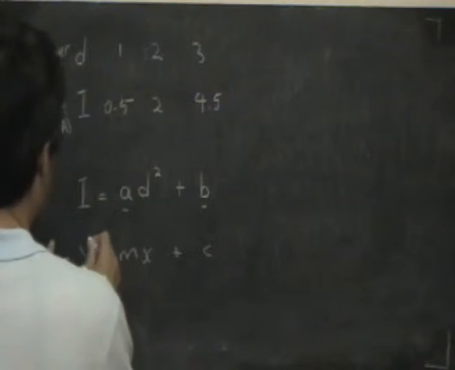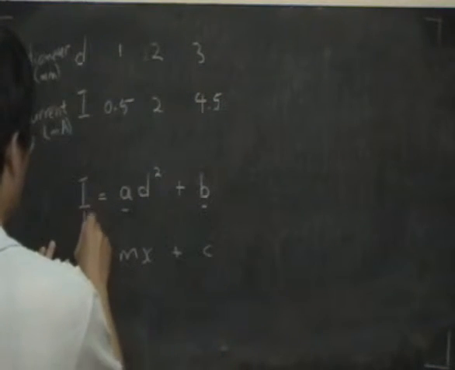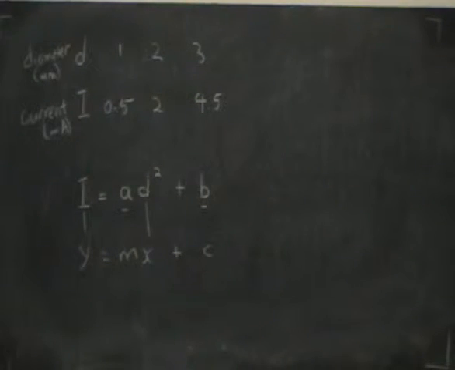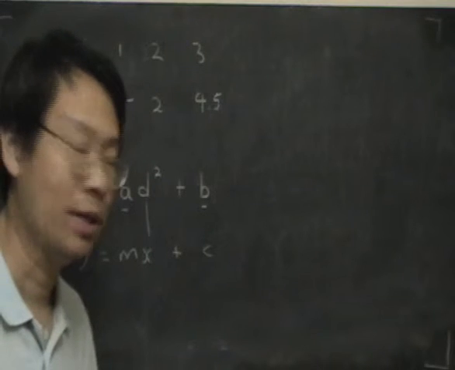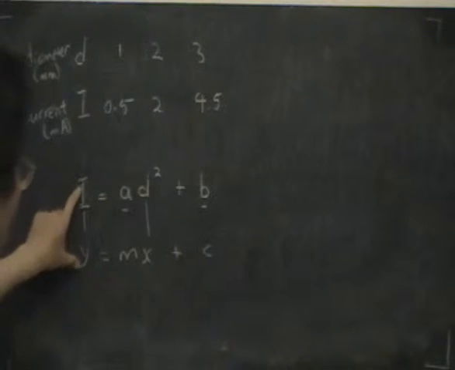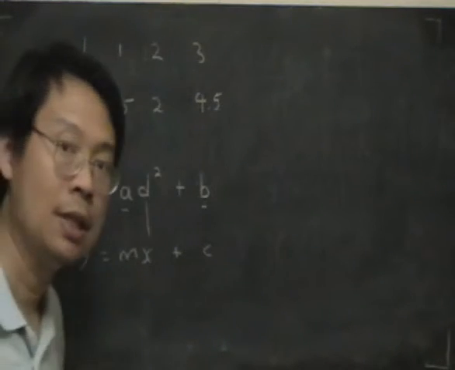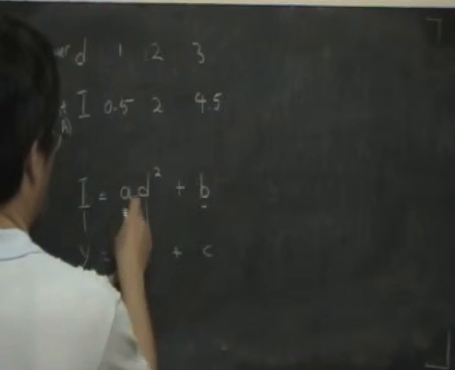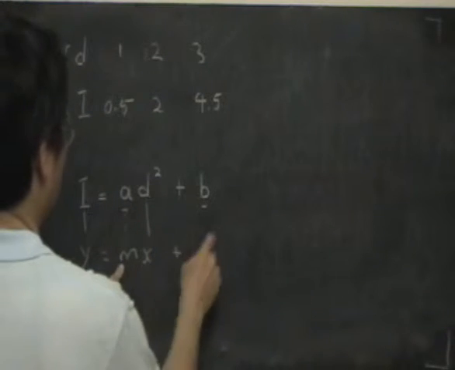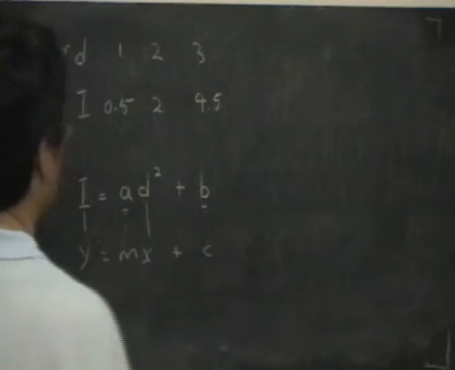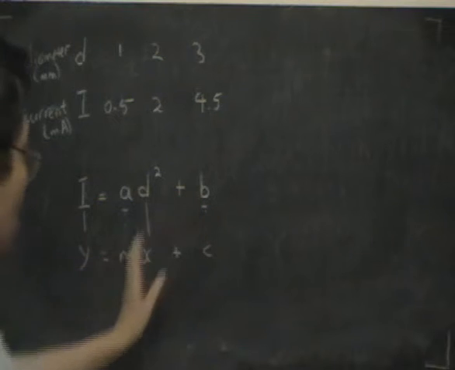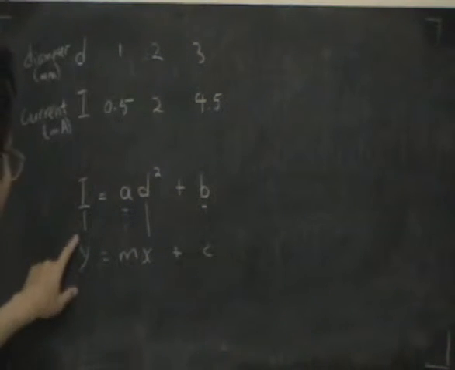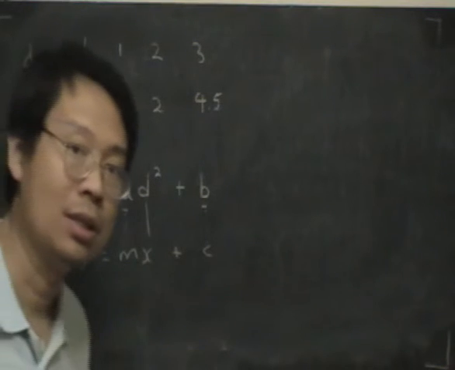If I say that y is I and x is d squared, okay, so these are the numbers that can have different values, and then I say that the number m is the number A and the number c is the number B. So A and B are the m and c, and I and d squared are the y and x.